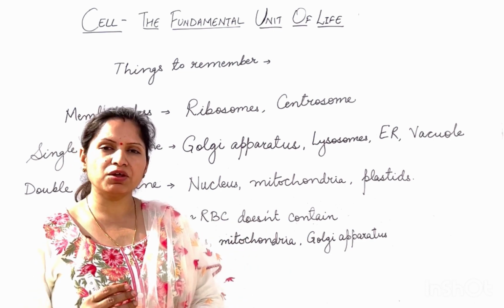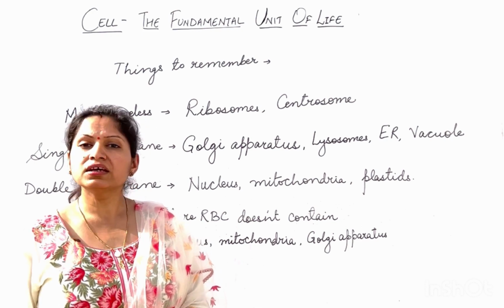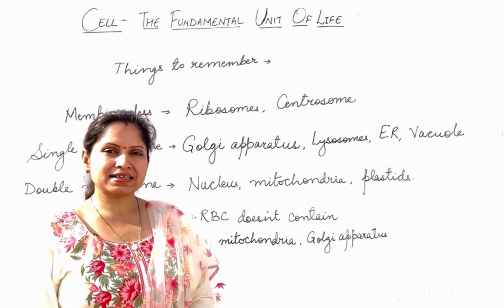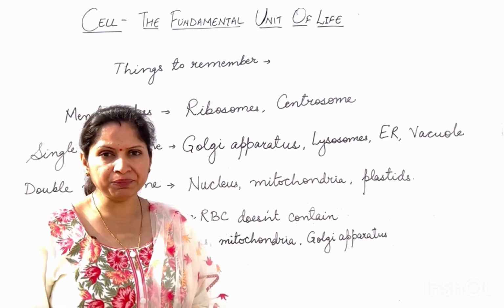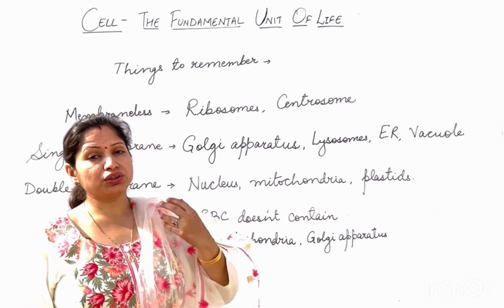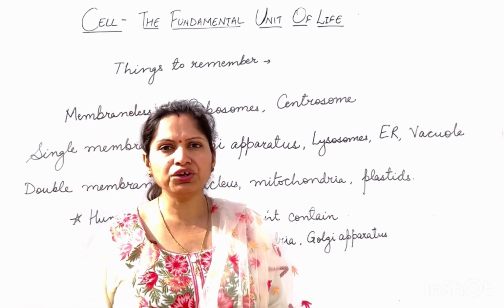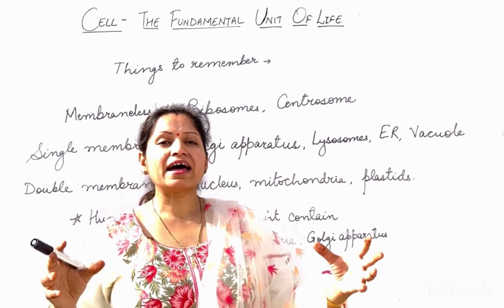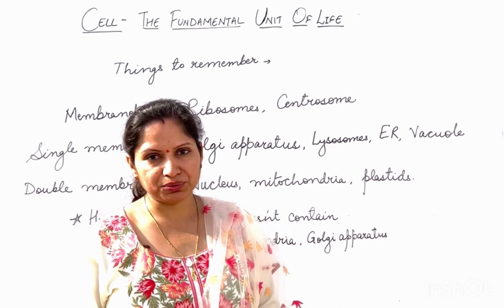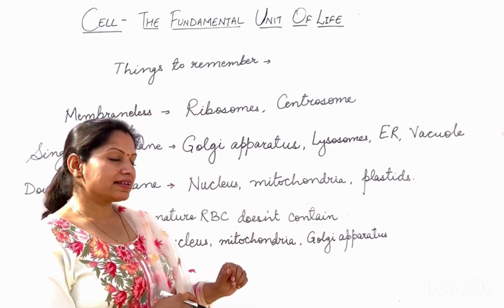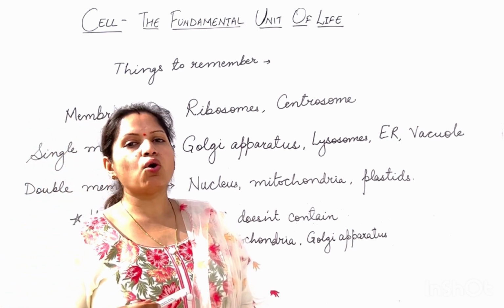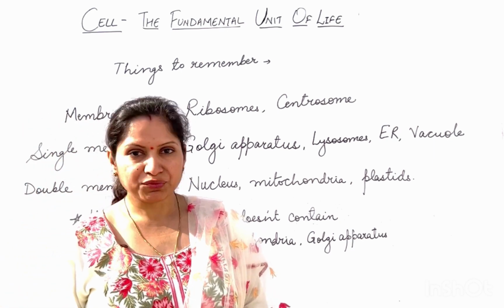When it's developing, at that stage of development, the human RBC has these organelles, but once it matures, when it's developed fully, then the nucleus, Golgi apparatus, mitochondria, they are all not present in a mature human RBC because that place will be occupied by a big hemoglobin molecule. Okay, so that is there in mature RBC in human beings, and not only human beings, in all mammals it's like that.